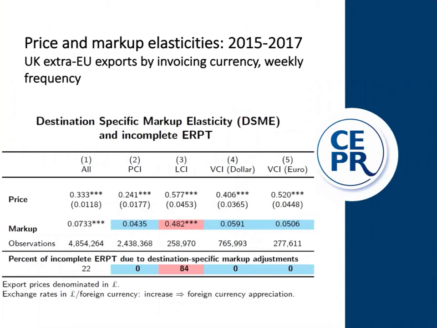So if we want to understand why there is incomplete exchange rate pass-through into import prices for firms that are invoicing in the local currencies of different destinations, about 84% of that incomplete pass-through is due to the firm selectively and strategically raising or lowering markups in different destinations.